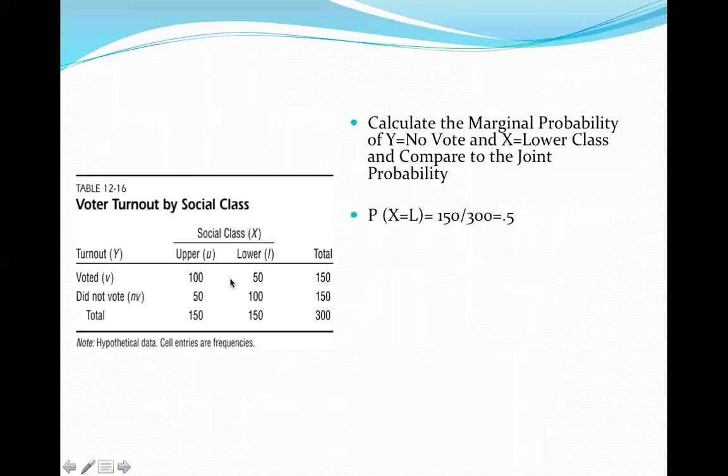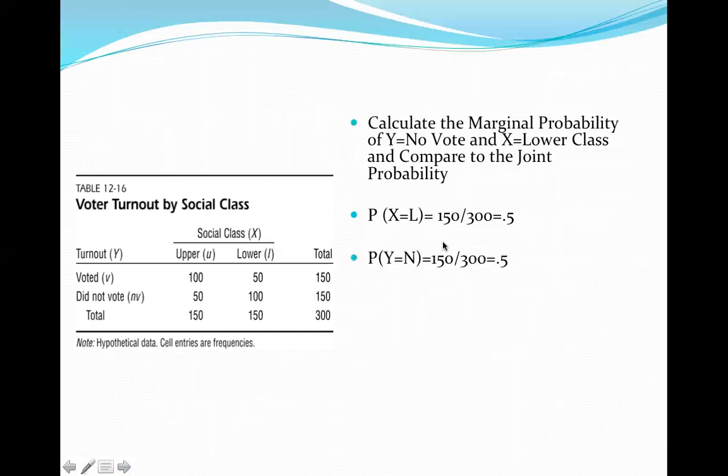So the number of people in the lower class in this example is 150. That's the total if we're looking at the bottom of that third column. 150 divided by 300 gives us 0.5.